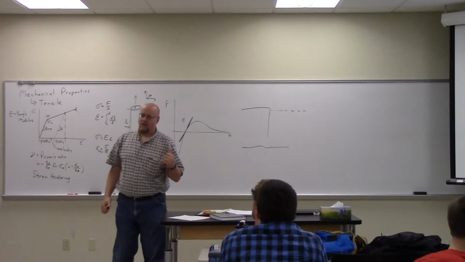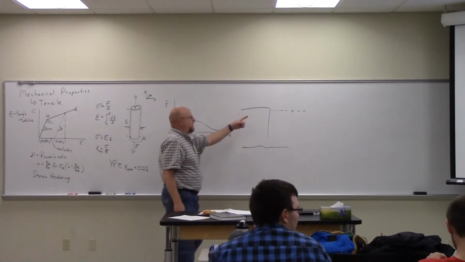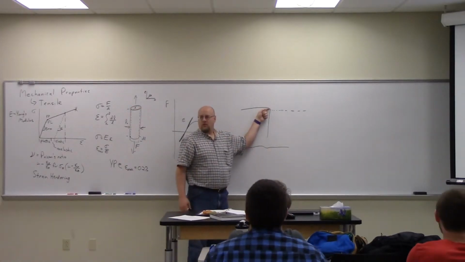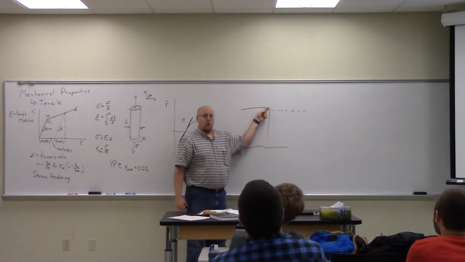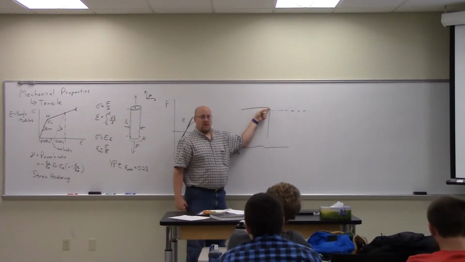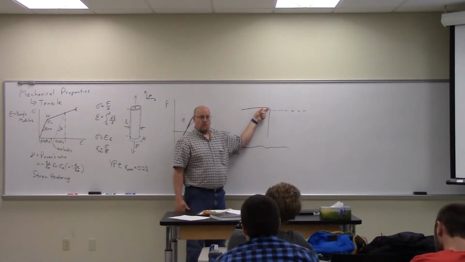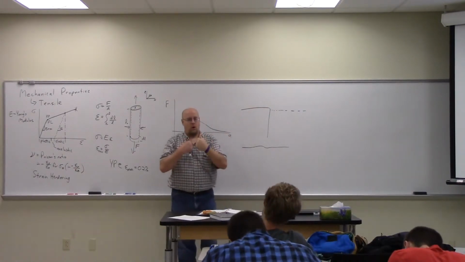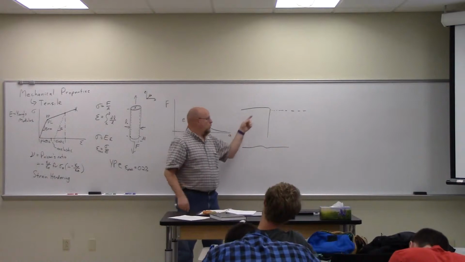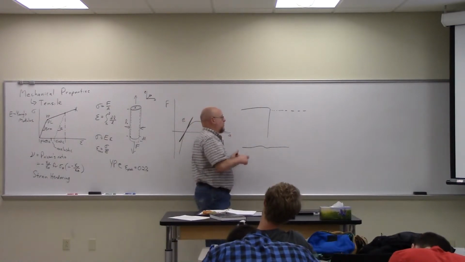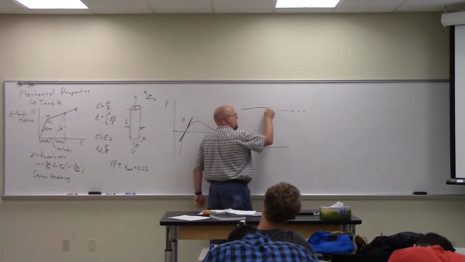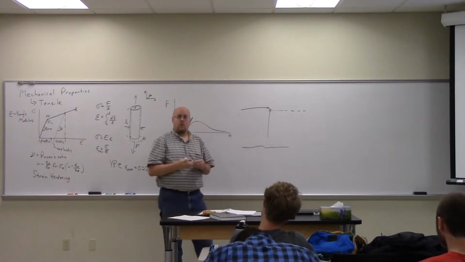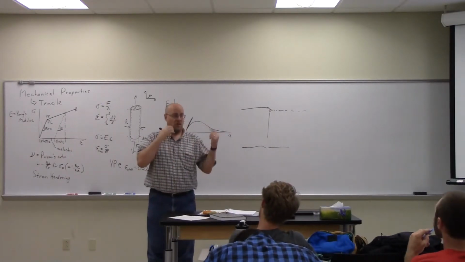The reason for that is, once I've deformed it, I've made this stronger. It takes more load to bend this section now, to deform this section, than it does the sections around it. So when I apply a load to straighten it out, the material adjacent to the bend is going to yield before the section in the bend.